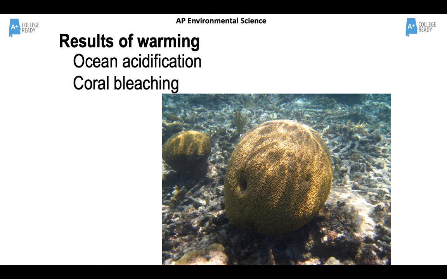But we are seeing our coral reefs around the world decline. And another phenomenon due to temperature increase and acidification would be coral bleaching, where the coral release the algae and it appears as if they have been bleached because the algae was giving them their color.